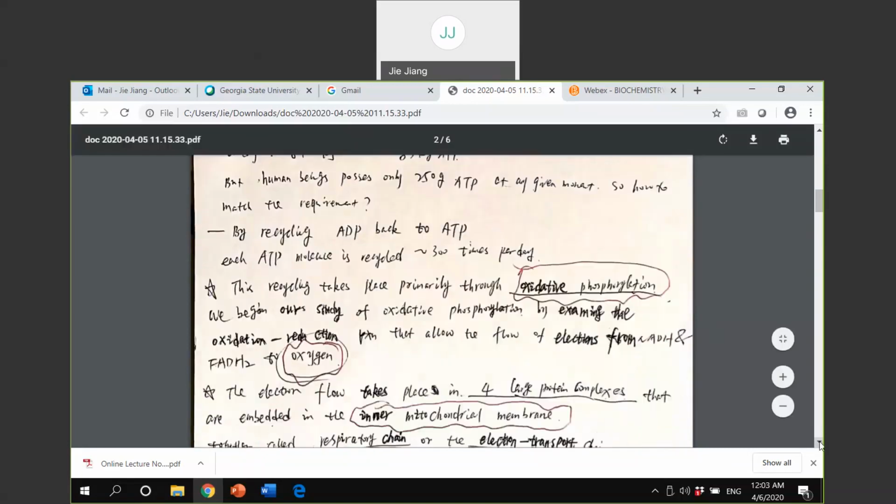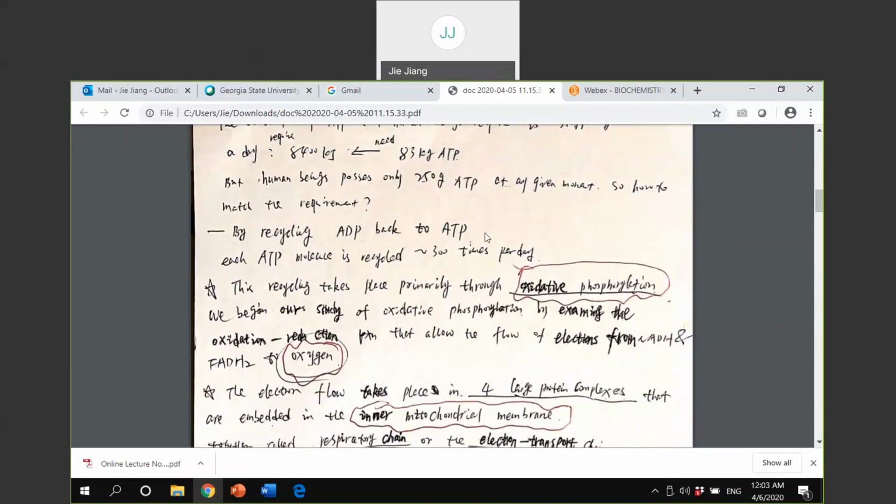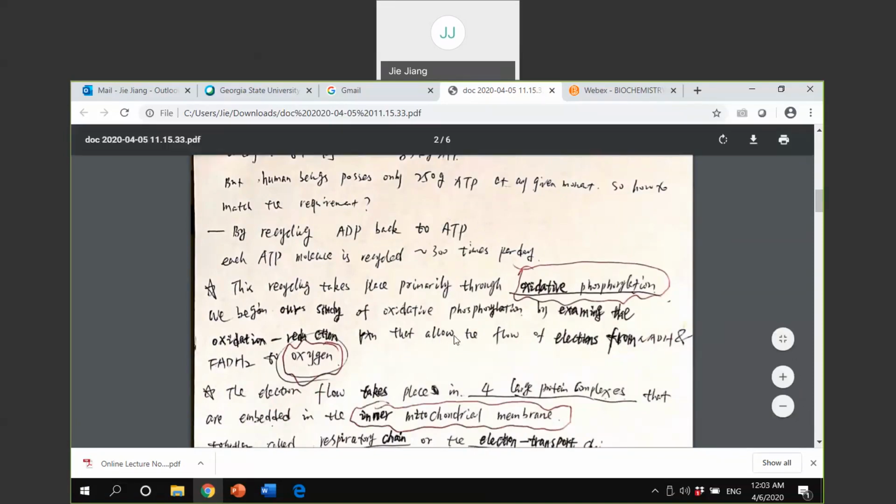In that way, our body can provide enough ATP for us to do work or exercise and help the cells function. And this recycling takes place primarily through oxidative phosphorylation.